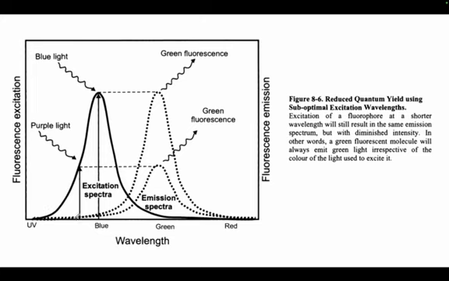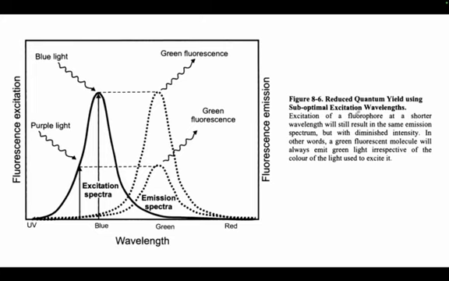But even if I use some wavelength here, which is not exactly the ideal wavelength, it's a little further away, but it's still within the excitation spectrum, so it still has energy sufficient to excite electrons within the fluorophore, then I will still get emission. It's just that the amount of the emission will be less.